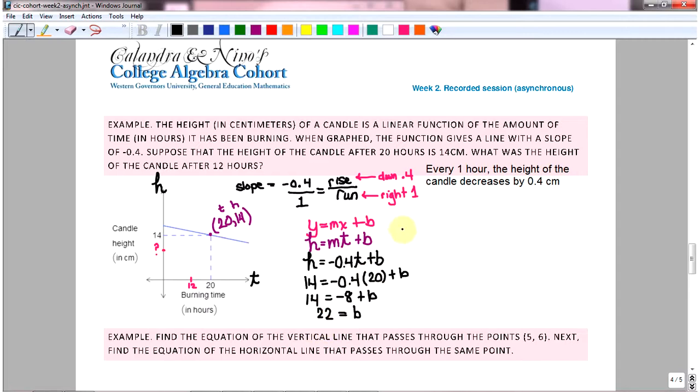So the equation of our line is h equals negative 0.4 times t plus 22. Now we're ready to answer our question. We want to know the height of the candle after 12 hours. So 12 hours means that we want 12 to represent t.